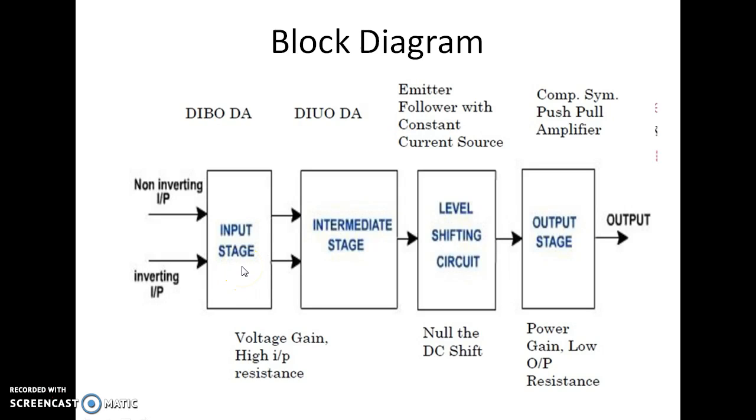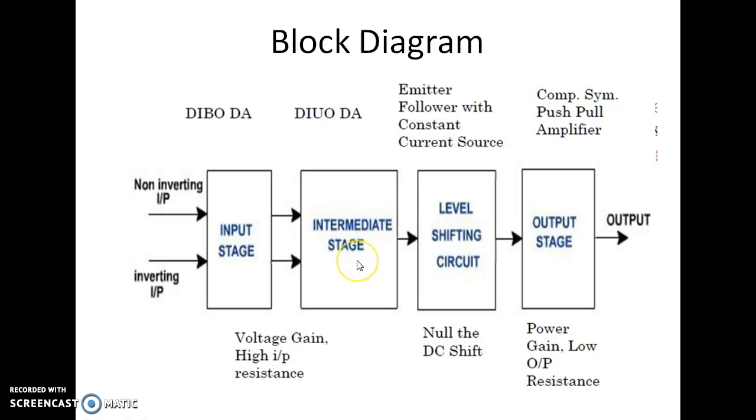The input stage is dual input balanced output differential amplifier, that is DIBO differential amplifier, which is mentioned here, dual input balanced output. The two inputs are inverting and non-inverting input terminals. This stage provides most of the voltage gain of the op-amp and decides the value of the input resistance Ri.